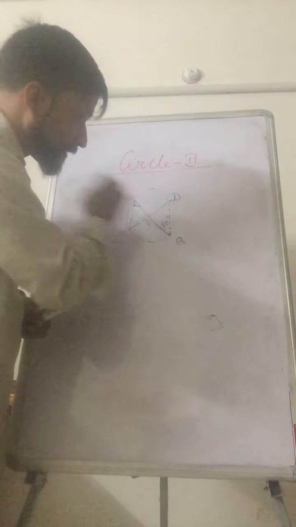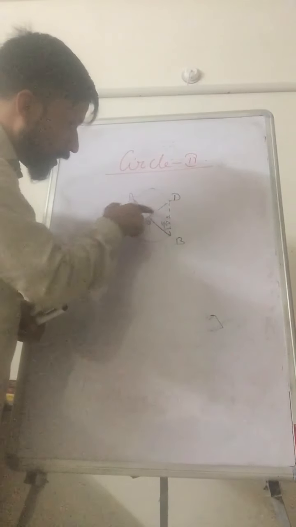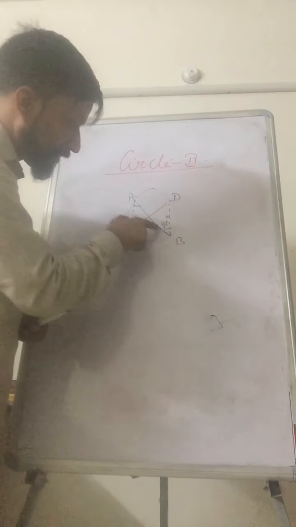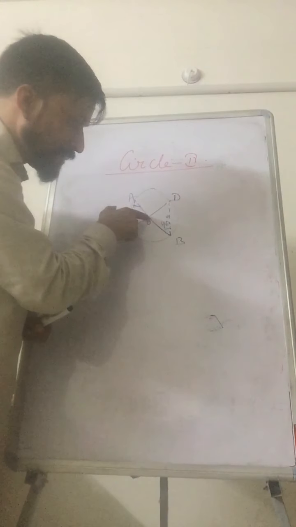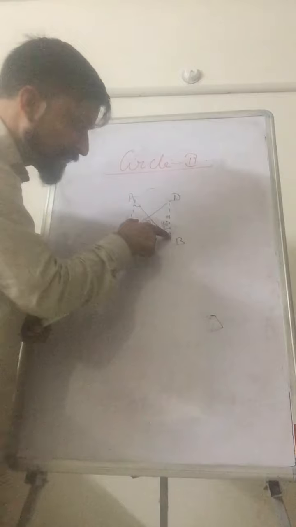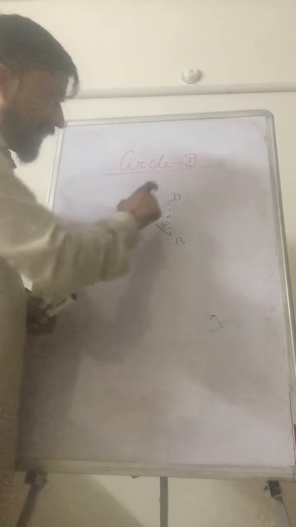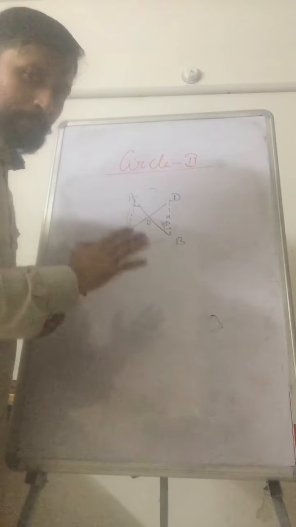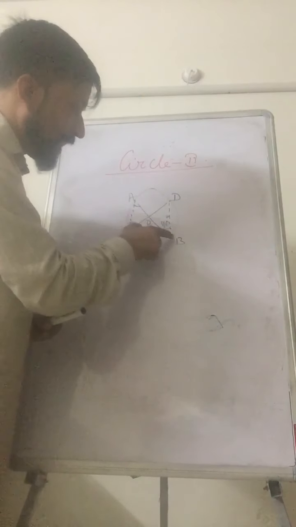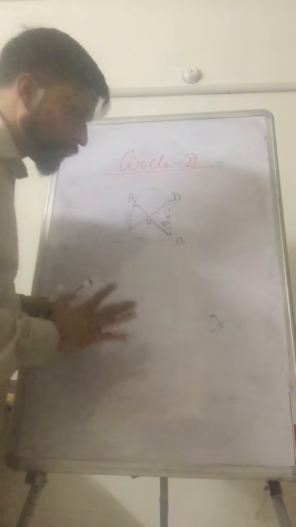For that, see, this is a diameter, this is again a diameter, and this is the center of the circle. You know that a straight line joining the center of the circle to the circle is called a radius, and radii of the same circle are the same. This means the lengths of OB and OD are equal.